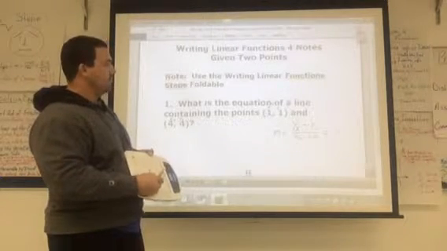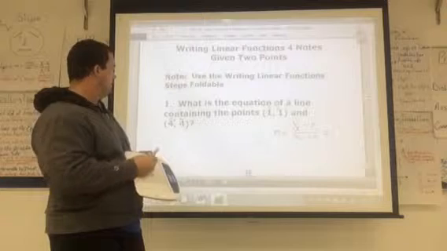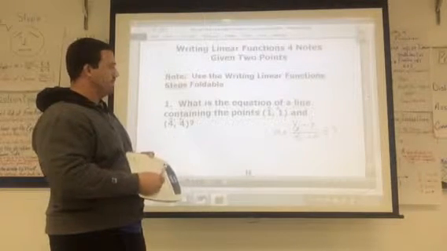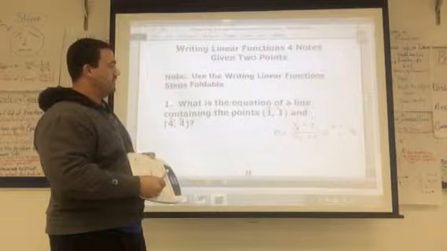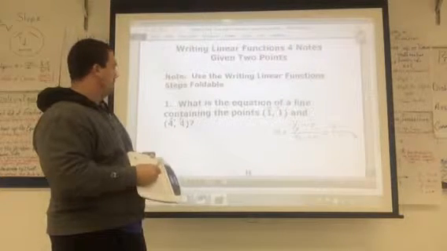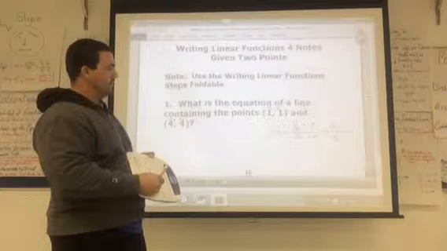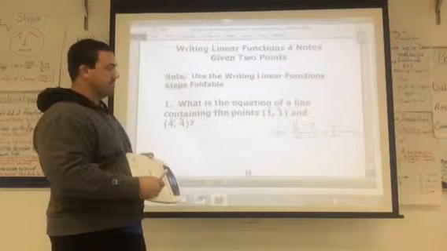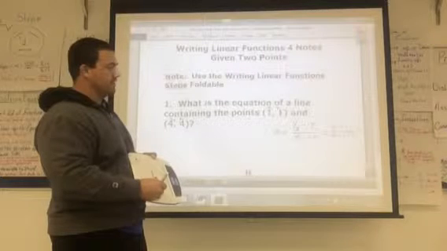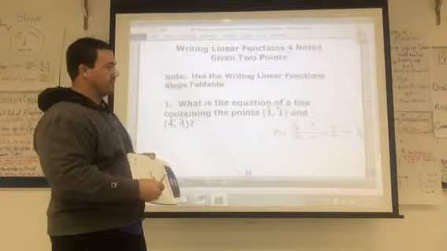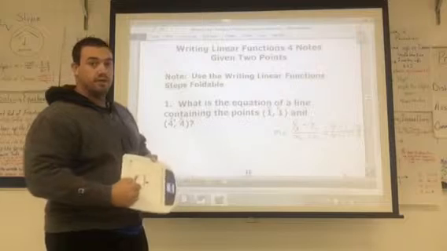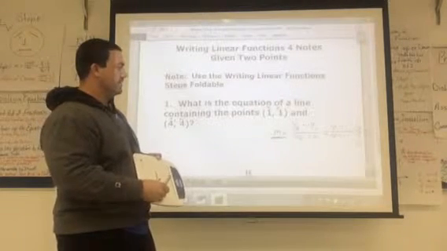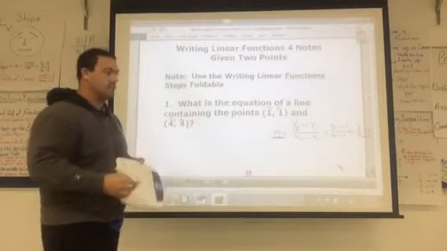Alright, so y2 was 4, and y1 is 1, over x2 is 4, and x1 is 1. We do our little subtraction here, we're going to get 3 over 3, which reduces nicely to 1. Alright, so that's going to be our m. Our m is 1. So that's our slope.